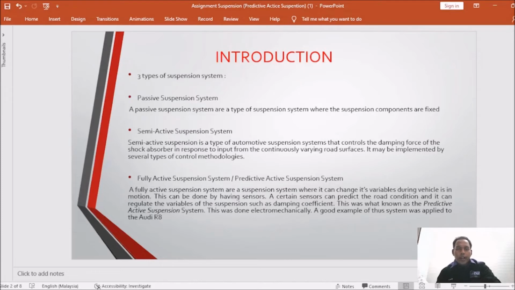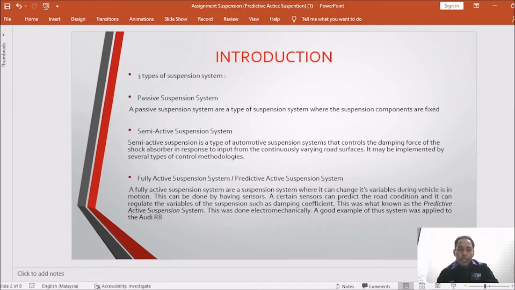As an introduction, firstly, there are several types of suspension. There are three types of suspension system, which are the passive, semi-active, and fully active suspension system. A passive suspension system is a type of suspension where the suspension components are fixed.